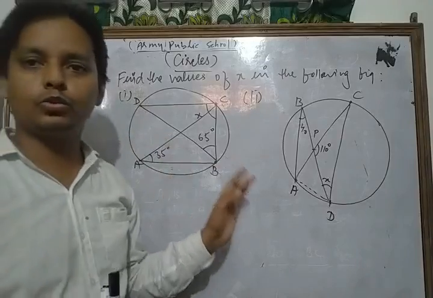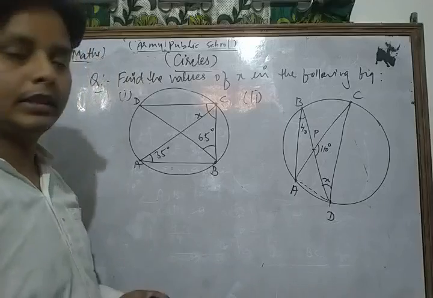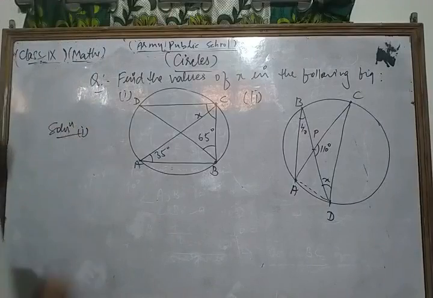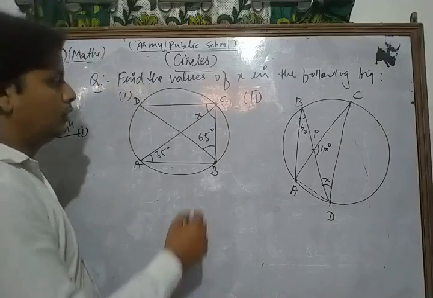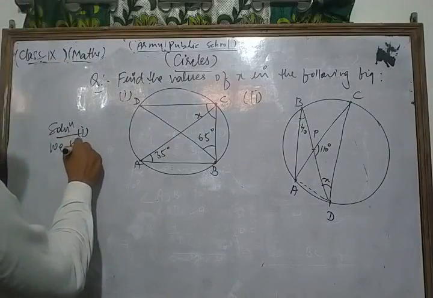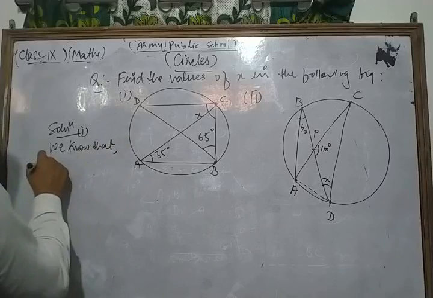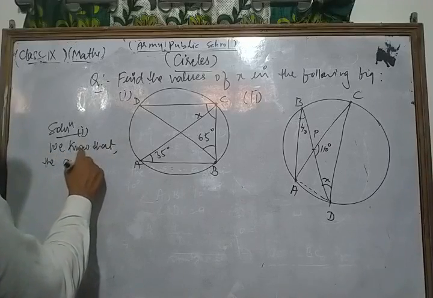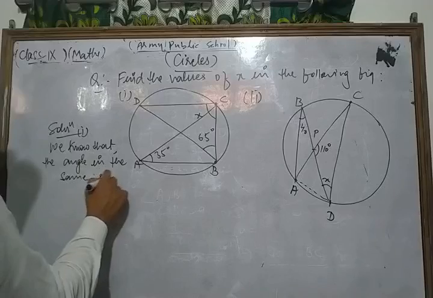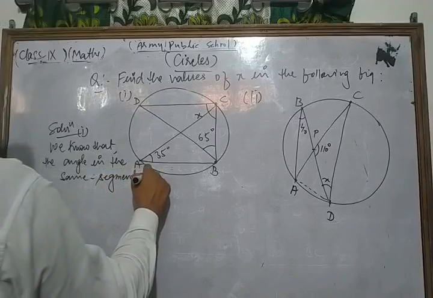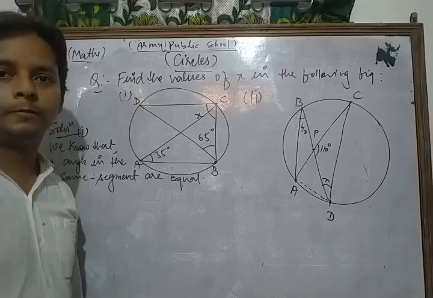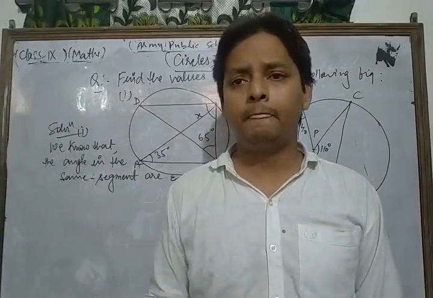Now first of all we take two parts of this question, and we take the first part and solve it. So dear students, in the first part we solve the first part. Look, now we know that angles in the same segment are equal. That theorem was discussed in previous classes.